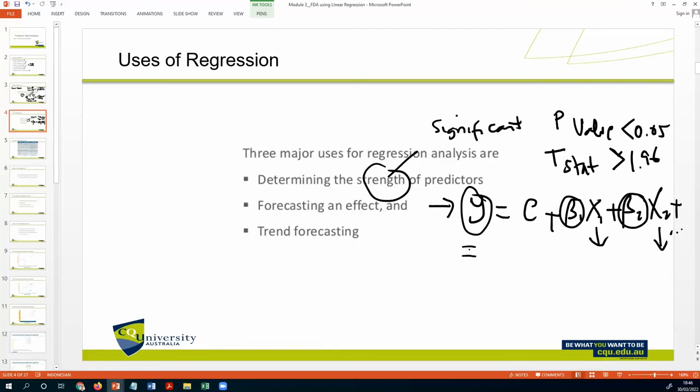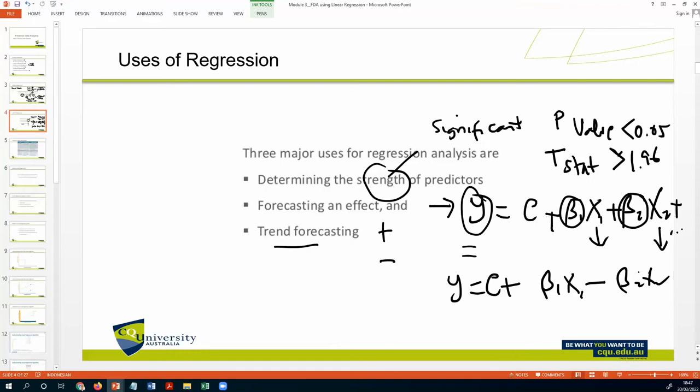And also, we use regression to conduct trend forecasting. What is the trend? It uses whether it is a positive relationship or a negative relationship. Maybe the model will be constant plus b1x1 minus b2x2.